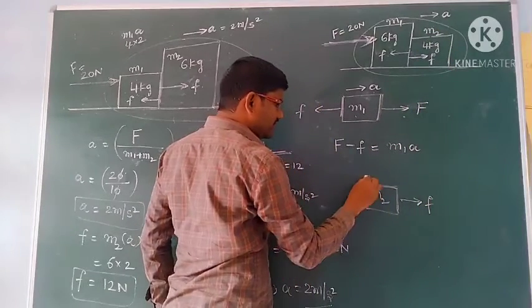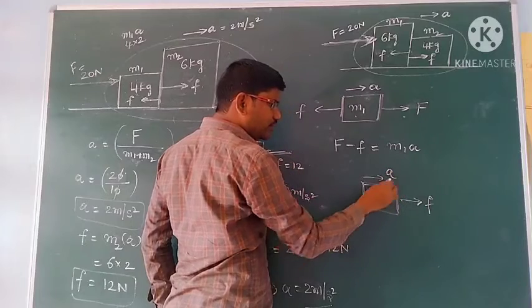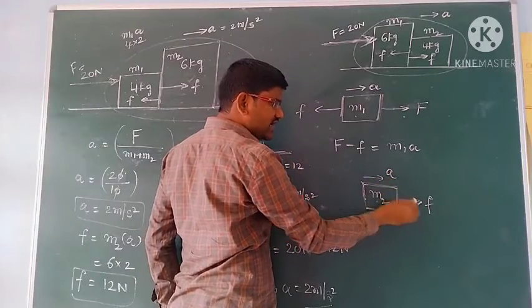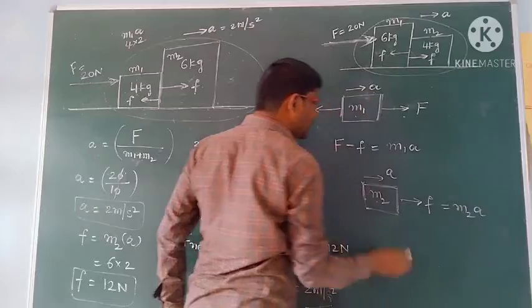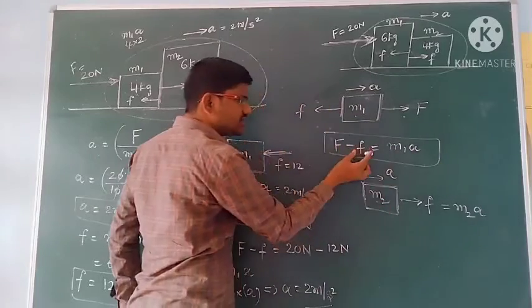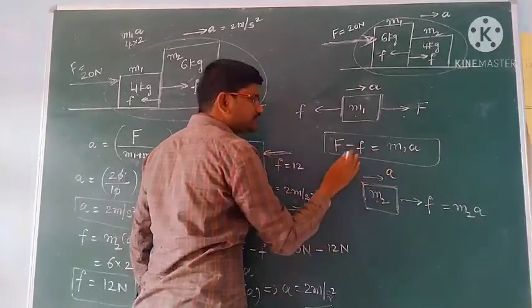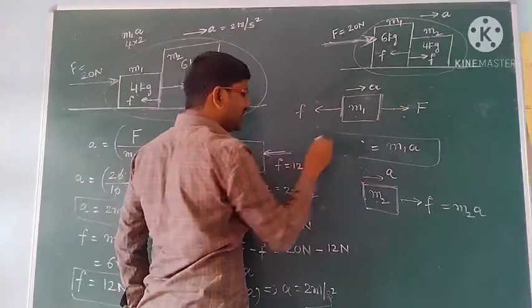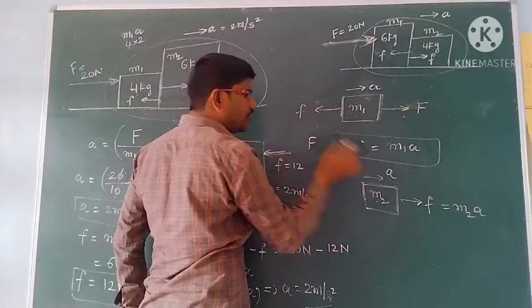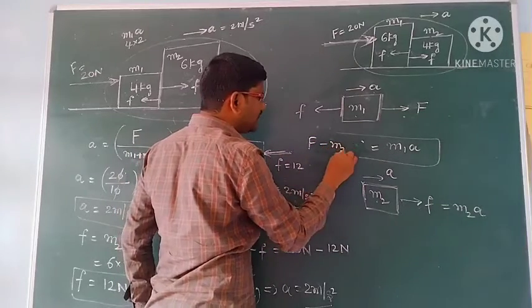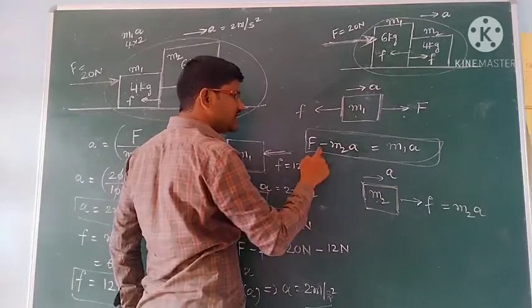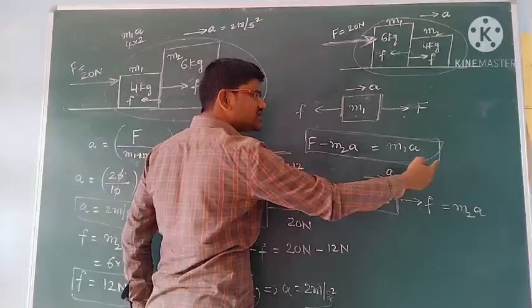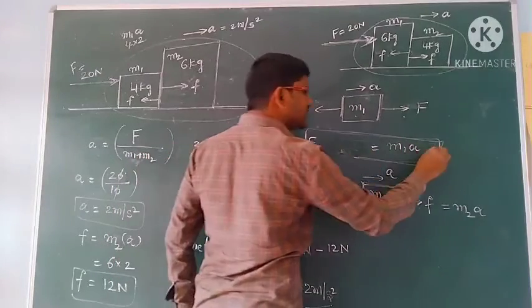That's why the acceleration for M2 is A. This acceleration A, f is the cause. So this f is equal to M2 into A, and in this equation I will write M2 into A. Capital F minus small f, and small f is equal to M2 into A. Then taking this minus M2A to the other side, it becomes plus M2A.